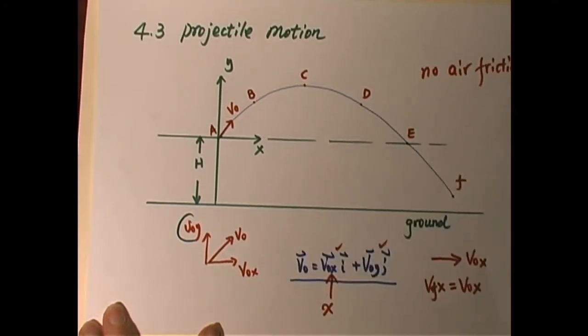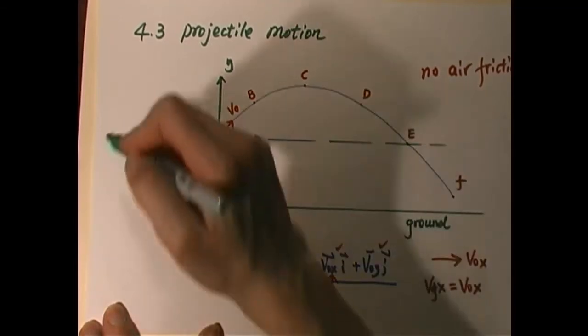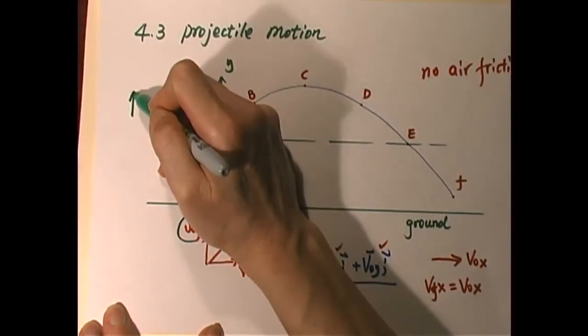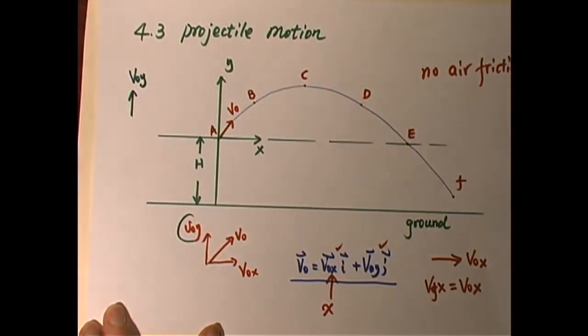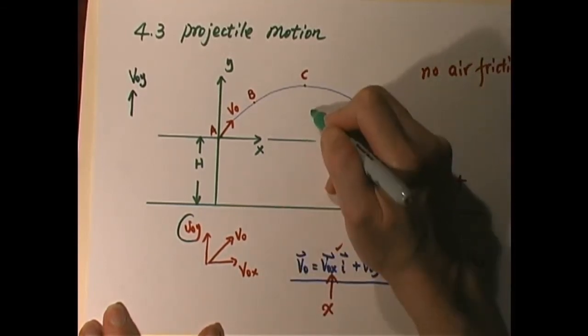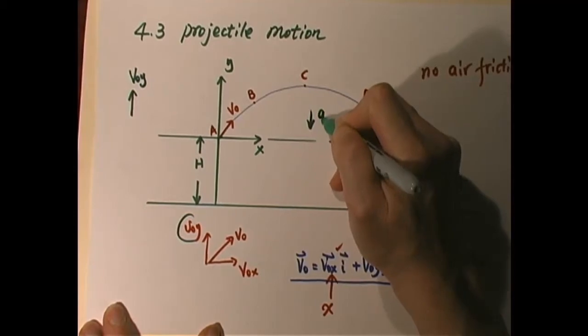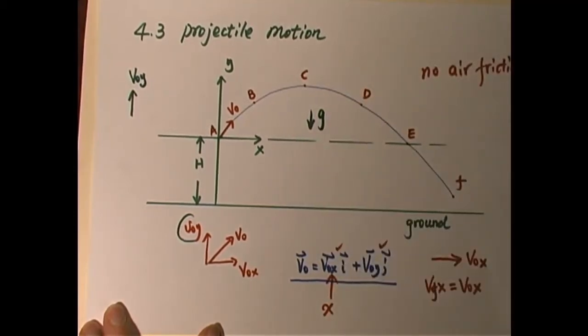This is the VOY. If we only pay attention to the y direction, this is equivalent to throwing something up with VOY. We learned from chapter 2, whether we throw something up, throw it down, or just let go of it, g is always there. What's going to happen?